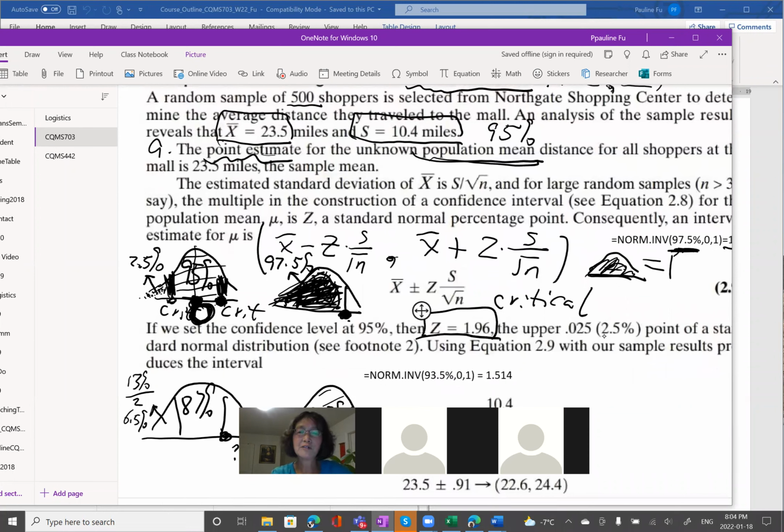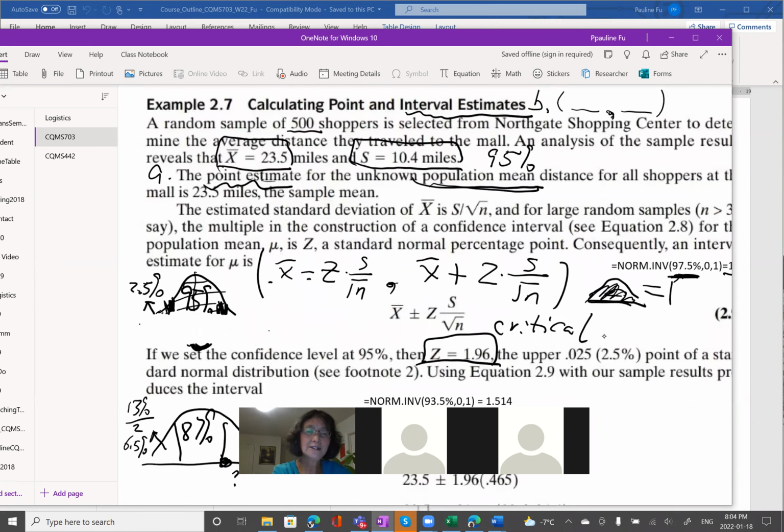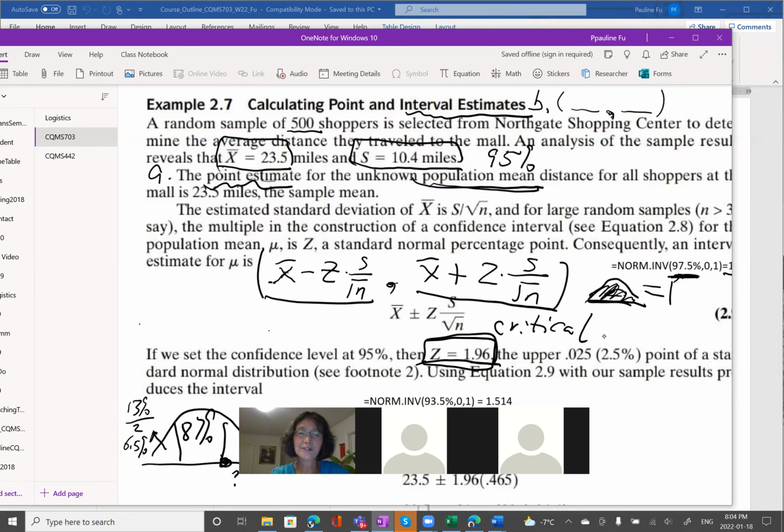Once you have this critical value, go back to our question. We want to find out the lower limit. I'm going to erase this one because our focus now is the interval estimate. For an interval estimate, you need a lower bound and an upper bound. So the lower bound is just a formula, x bar minus z times s over square root n. What is z again? Z is 1.96. What is s? S is 10.4.